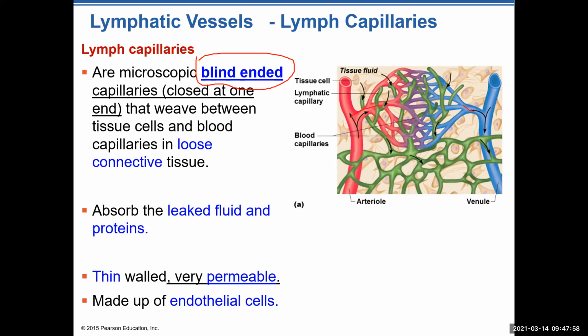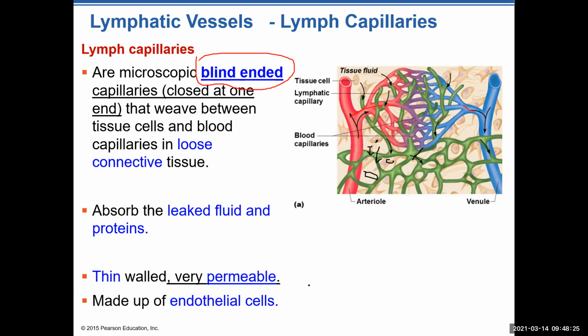Difference number two: which one is more permeable? Is it the blood capillary or the lymphatic vessel? You will see that lymphatic vessels are very permeable. Sometimes, even if you have bacteria, a cancerous cell, or a virus present over here, along with the fluid they also travel into the lymphatic capillaries.